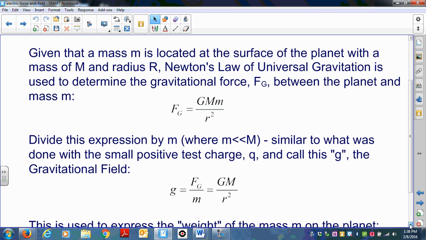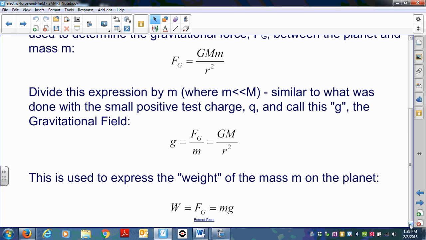If we divide this expression by the mass of the object, similar to what was done with the small positive test charge Q, and call this little g, the gravitational field, we can see we end up with g equal to capital G, capital M over R squared. Remember that capital G is 6.67 times 10 to the negative 11 newton meters squared per kilogram squared. This is used to express the weight of the mass m on the planet. Remember that weight is equal to mg.